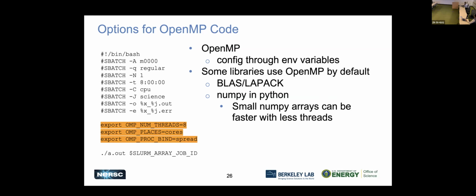So who can tell me one difference between an OpenMP code versus an MPI code? What is one main difference between using an MPI code versus an OpenMP code? Okay, and Preeti says shared versus distributed memory. Could you further clarify that?